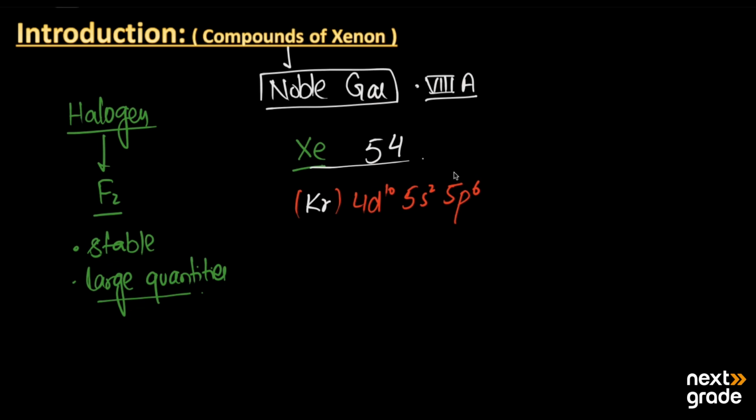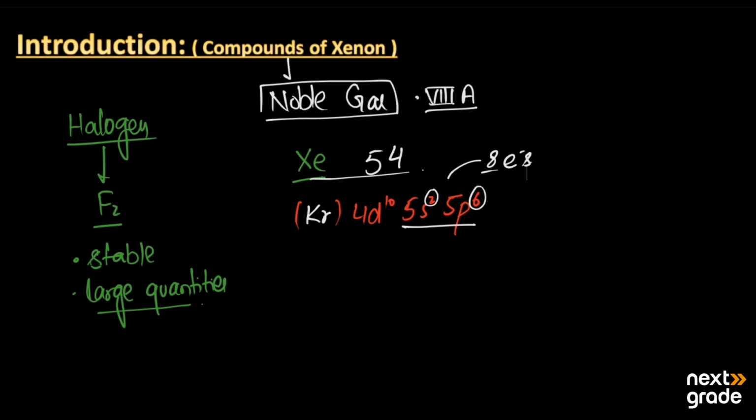It contains 8 electrons in its valence shell, which is 2 plus 6, making 8 electrons. So this is its simple electronic configuration. Now we will discuss its different types of compounds.